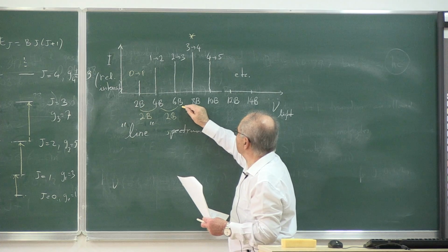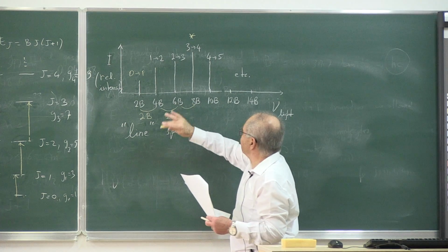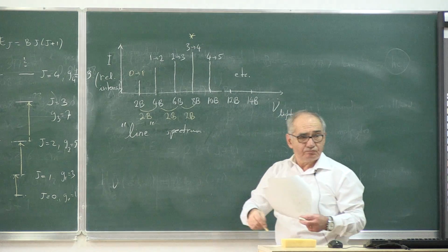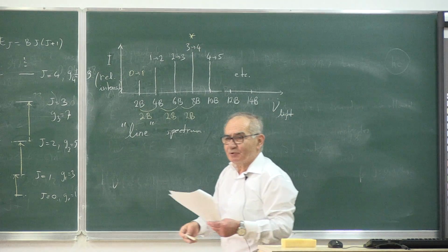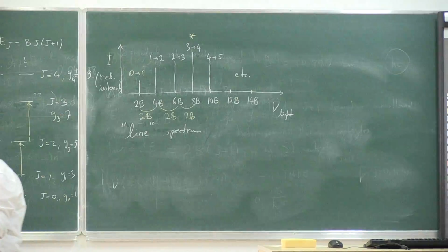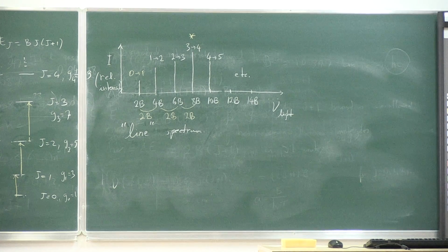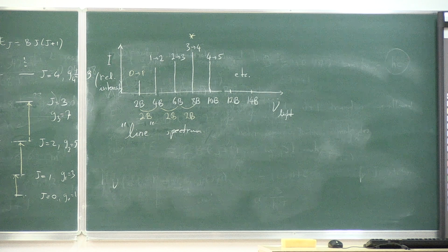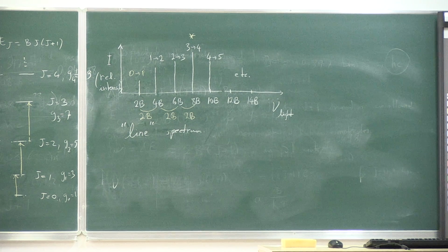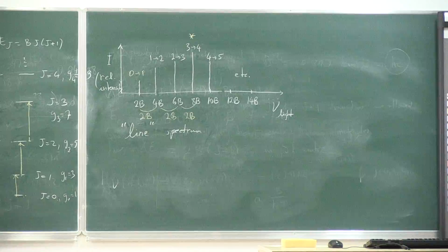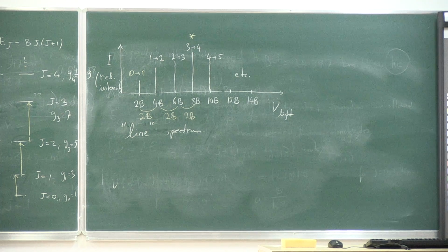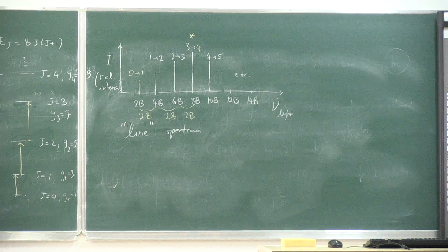And same is true for all successive lines. So this is an important characteristic of the microwave absorption, that absorption lines are equidistant. The difference between one absorption line and the next one is the same. It is 2 times B.